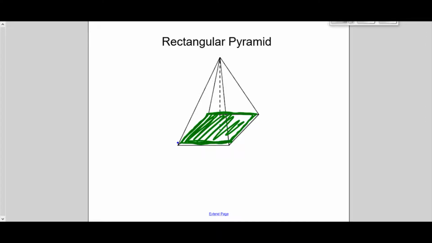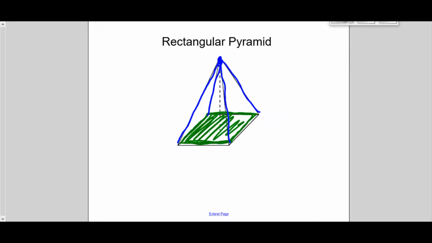So all these corners of the shape meet up here at this point. So all the corners come up and meet at a particular point. So that's sort of the difference between the pyramid and the prism. So the pyramid is going to hold less volume than the prism.